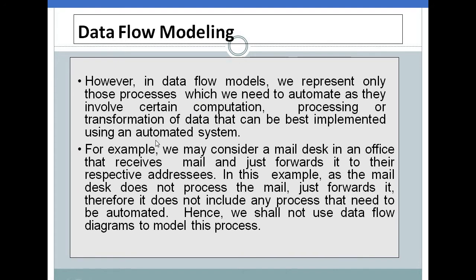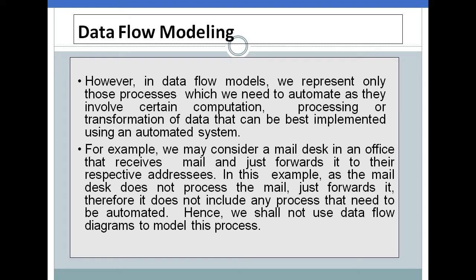However, in a data flow diagram, we represent only those processes which we need to automate, as they involve certain computations, processing, or transformation of data that can be best implemented using an automated system.